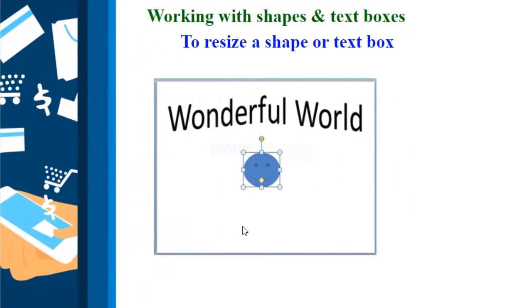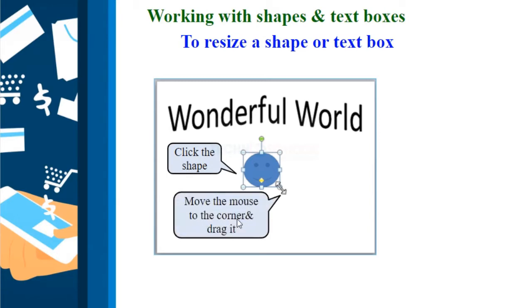You will get it. Next is working with shapes and text boxes: how to resize a shape or text box. First, click the shape to select it. Then click and drag one of the resizing handles on the corners and sides of the shape or text box until it is the desired size.